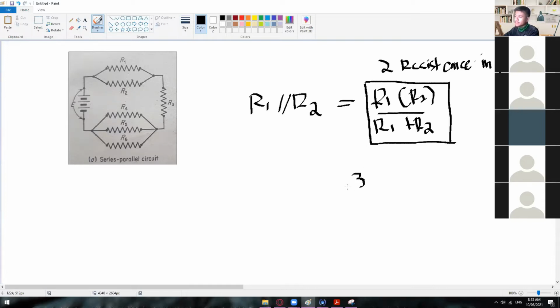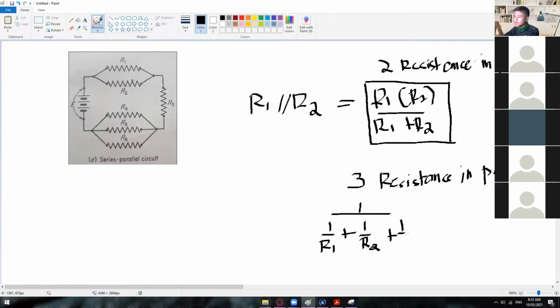However, if you have three resistance in parallel, gagamit na kayo mismo na itong formula na to. Let's say 1 divided by 1 over R1 plus 1 over R2 plus 1 over R3.